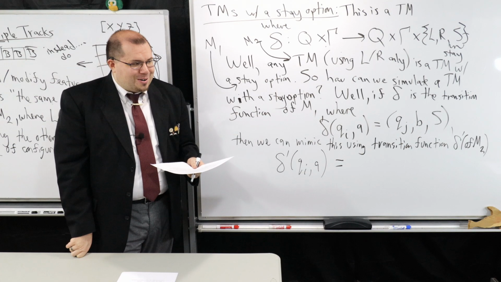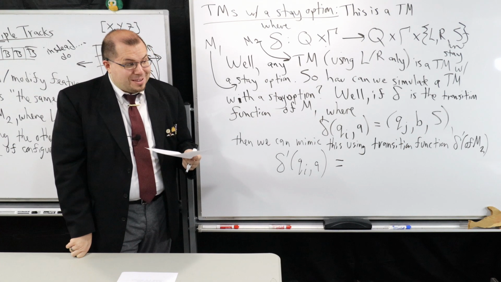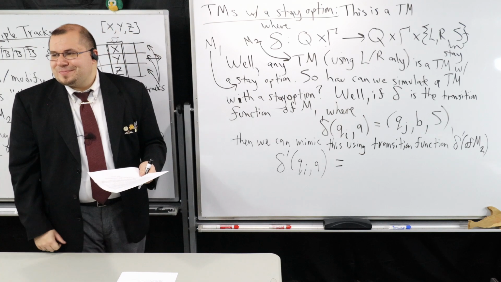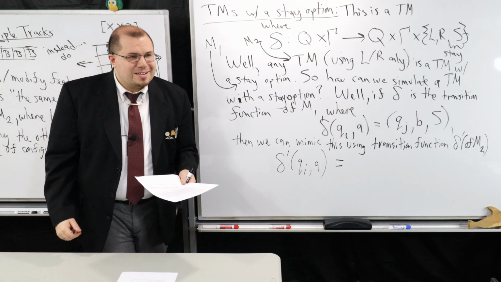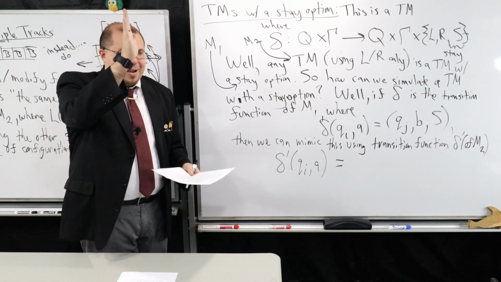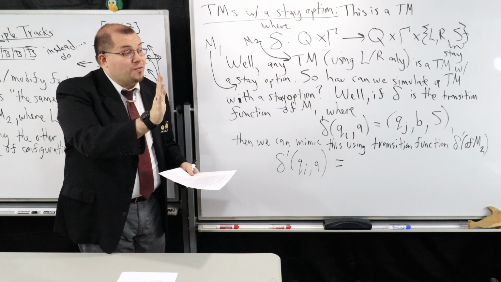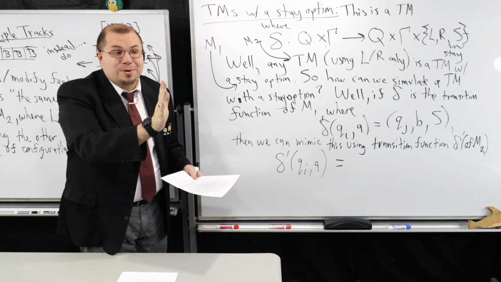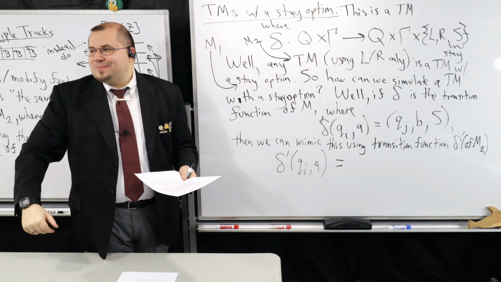What do I have to do on that tape? So remember, if I'm staying, that means I don't move anywhere. So I need to simulate that with a series of moves.